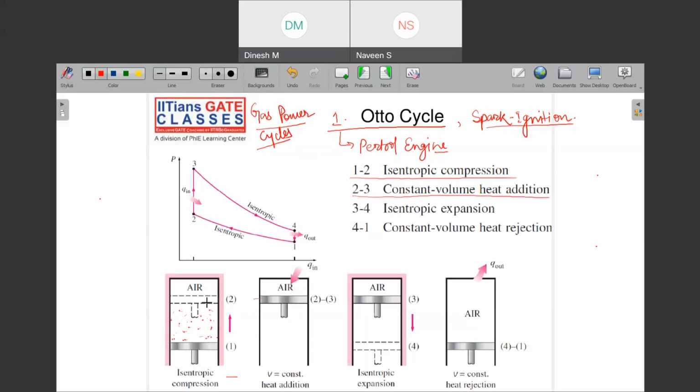The piston moves from 1 to 2, and here it stays at that position, so V is constant. Since the gas has now got some heat, it will try to expand its volume because of the temperature increase. So the gas is trying to push the piston downward.